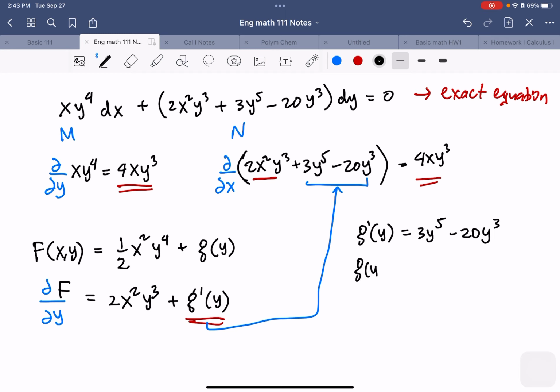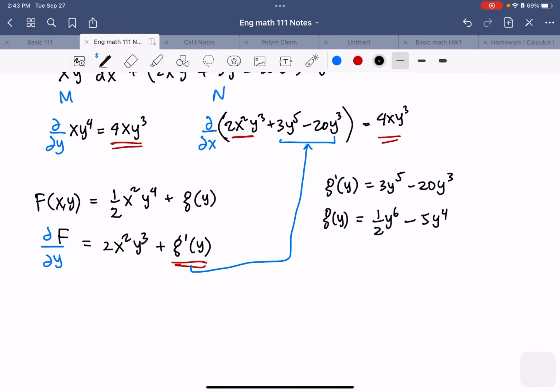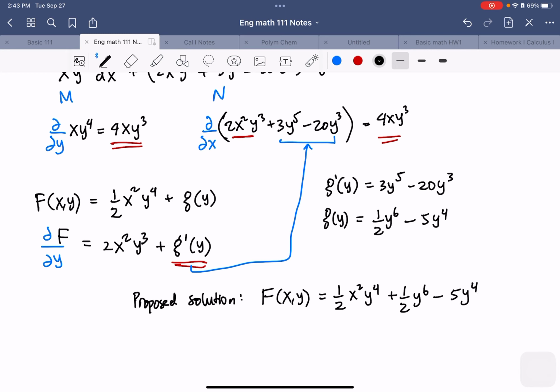So check the integral. This will be over 6, right? Over 6 is half, and over 4 is 5, and perhaps this is our proposed solution. So we are going to have the proposed solution plus half y to the power of 6 minus 5y to the power of 4.